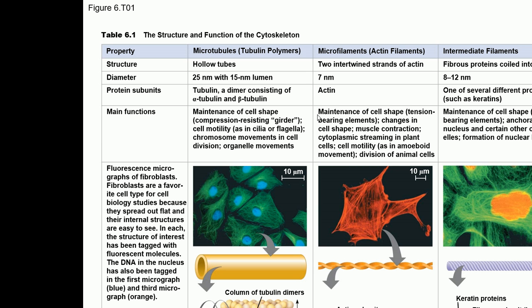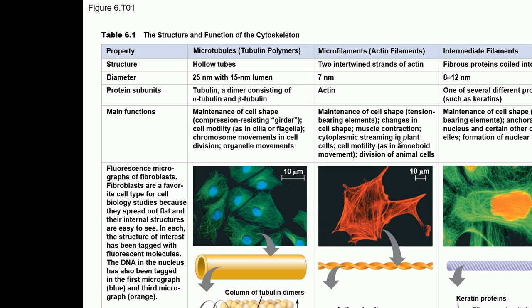You can see that the chloroplasts are moving, and this phenomenon is called cytoplasmic streaming, which takes place with the help of the microfilaments. They are also involved in cell motility, for example amoeboid movements. Some of the lower organisms can move and make amoeboid movements. That's also because of the microfilaments.